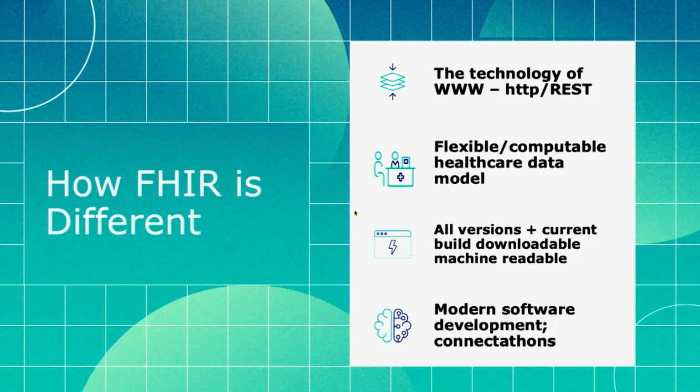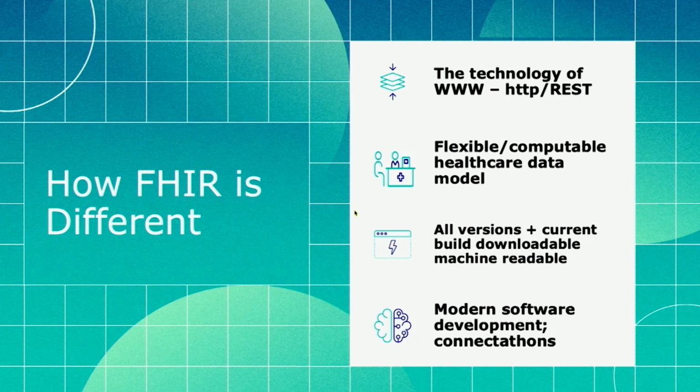FHIR is a flexible data model by design that can be applied to a lot of different use cases. Not infinite number, but a very broad spectrum of use cases. And one of the important things I'm going to mention several times is that data model does not mean interoperability. It may mean more interoperability than you had without it, but that's not how we get to the goal of semantic interoperability alone.